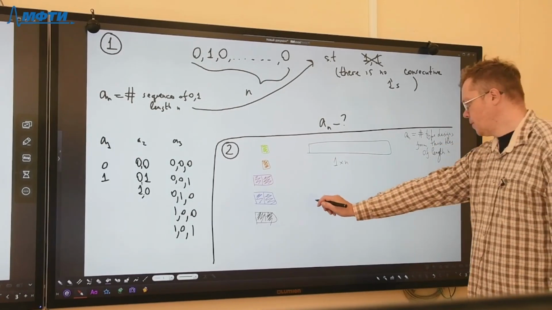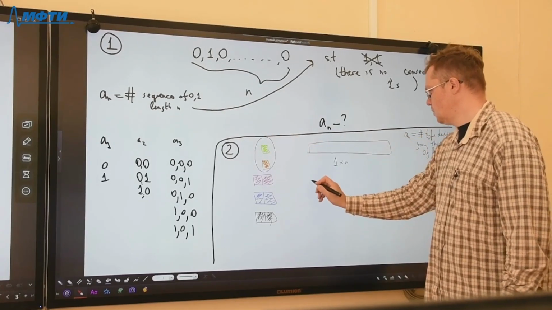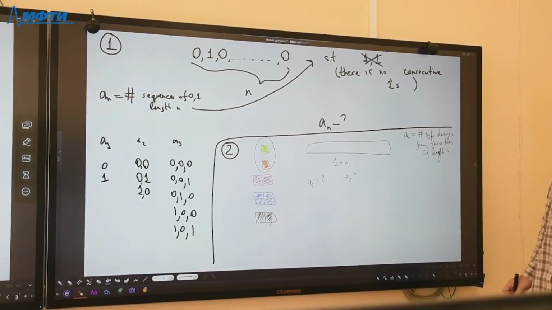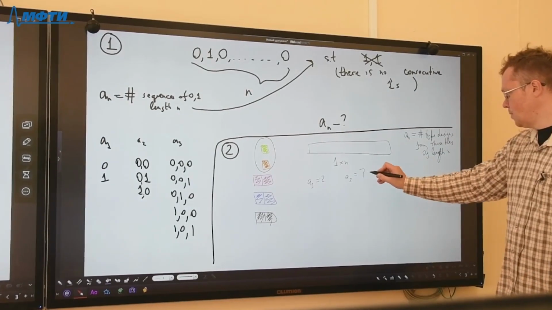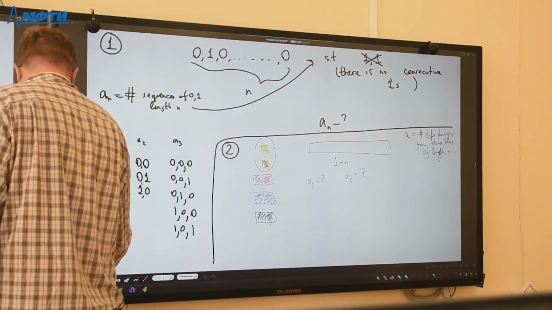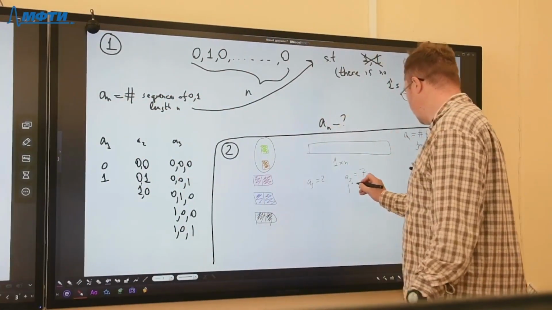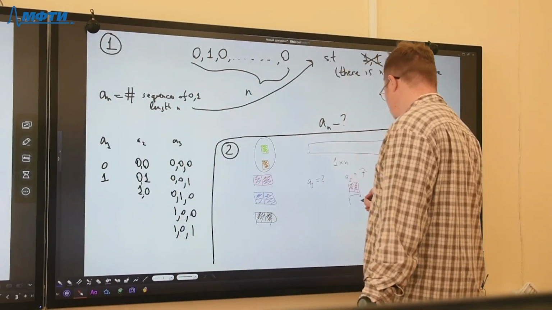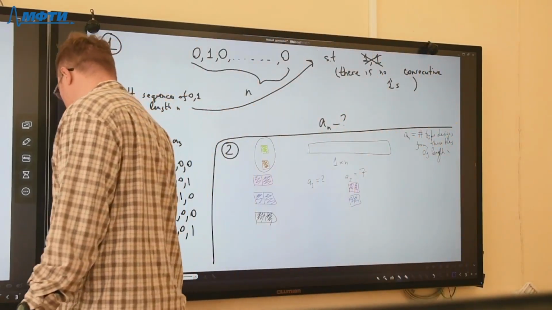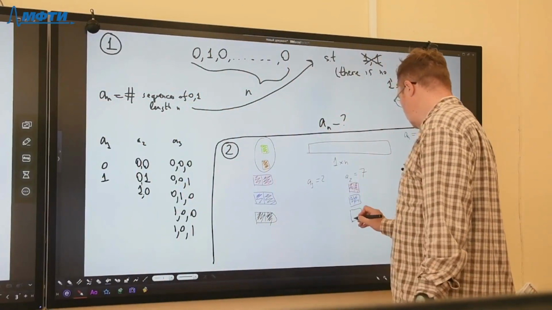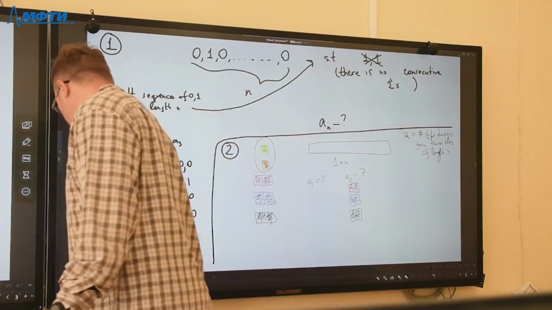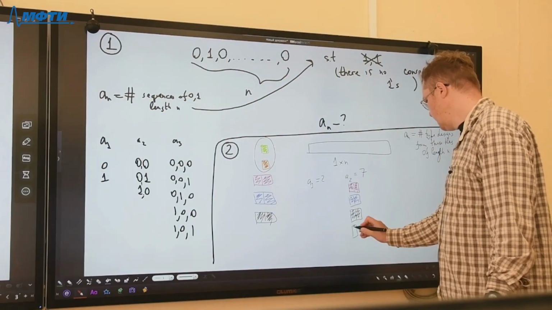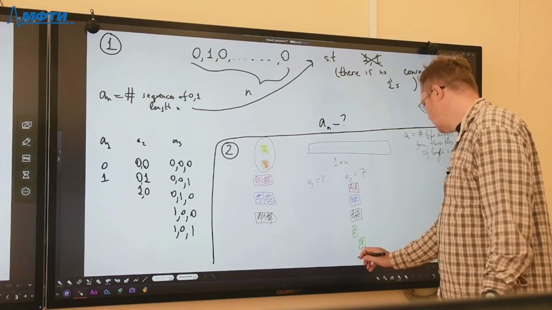So for example, A1 is 2, and for A2 we'll have 7 different types of path designs, because either I take tiles 1 times 2, or I take green and orange ones and put them in different orders.